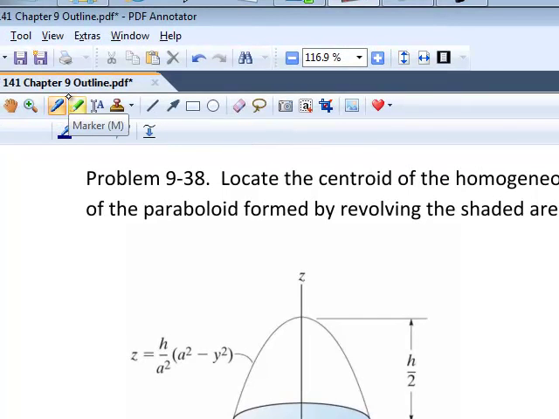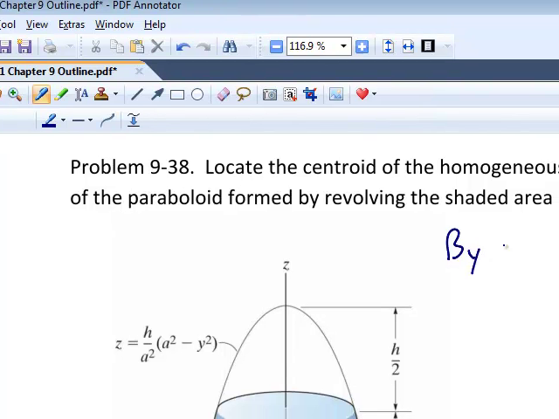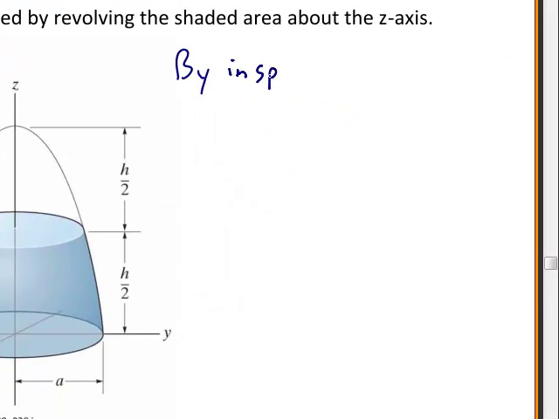By inspection. Obviously if it's rotating about the z-axis, its x bar and its y bar are both going to be 0, because there's equal amounts of the solid on the positive x-axis and the negative x-axis, and the positive y-axis and the negative y-axis. So x bar equals y bar equals 0.